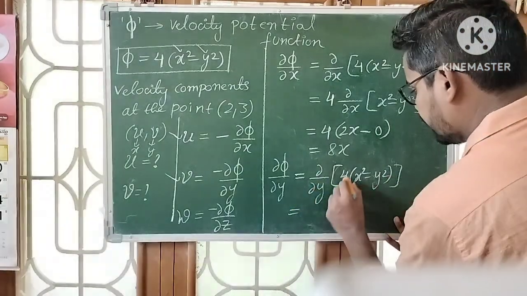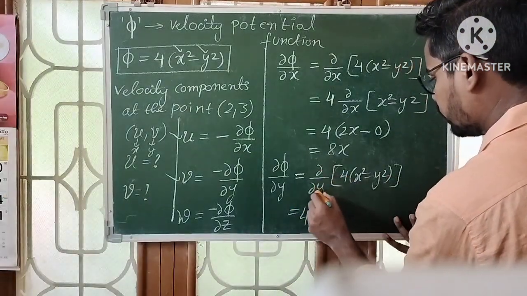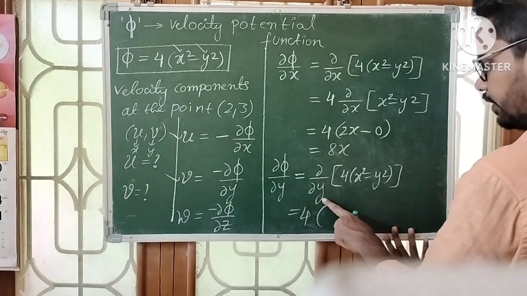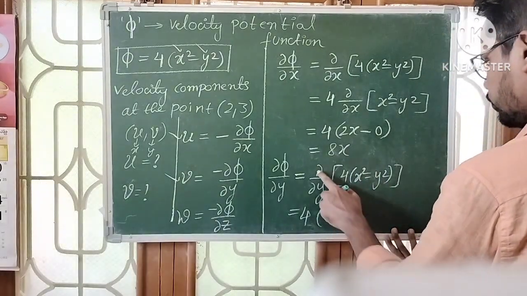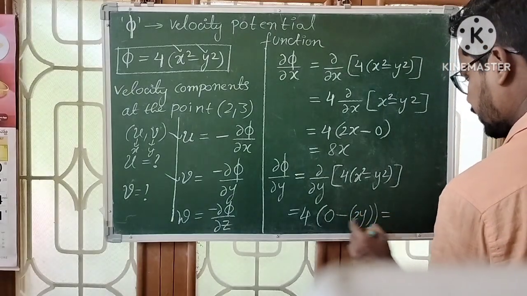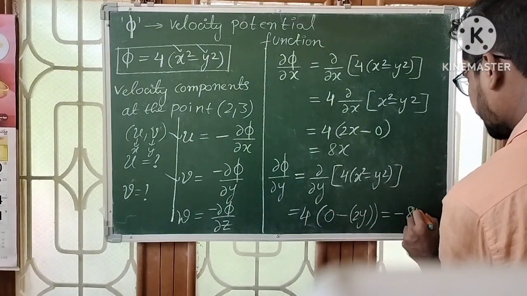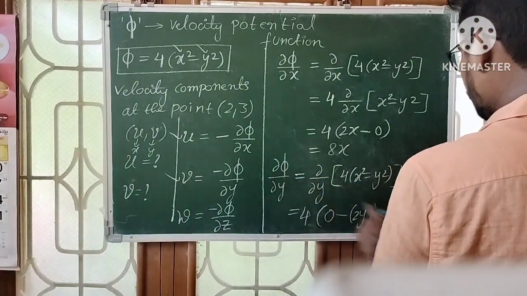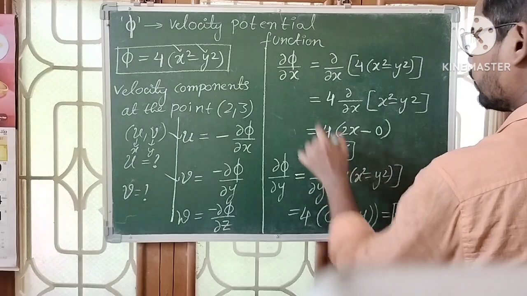Dou by dou y of x square is 0, minus dou by dou y of y square gives 2y. So 4 into minus 2y is minus 8y. Therefore dou phi by dou y is equal to minus 8y and dou phi by dou x is equal to 8x.